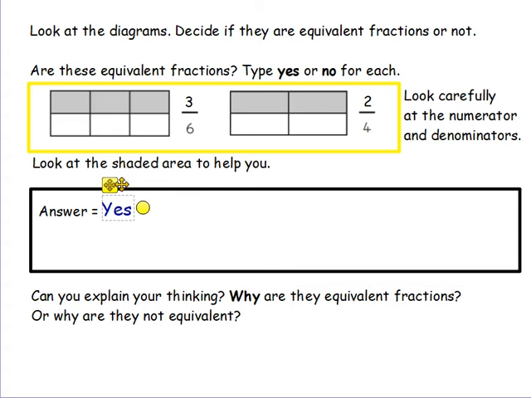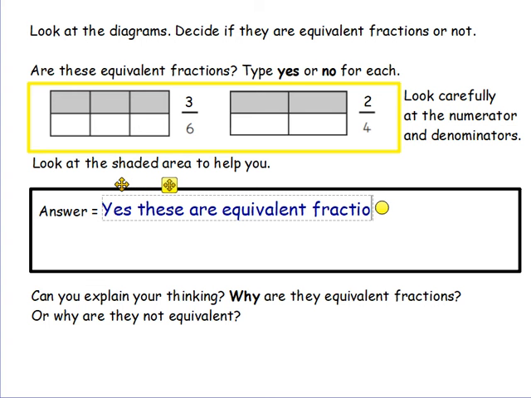Okay, so yes, these are equivalent fractions. 3/6 is equivalent to 2/4. And I'm going to explain my thinking. Have you noticed that actually they're also equivalent to 1/2? 3 is half of 6, so we've got half of it shaded in here. 2 is half of 4, we've got half of this rectangle shaded in.